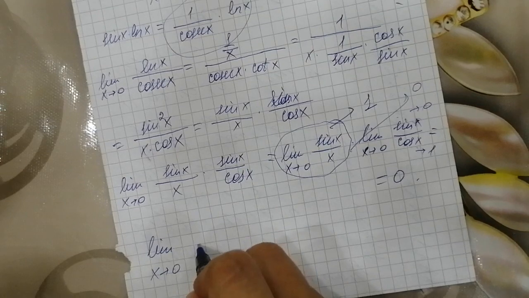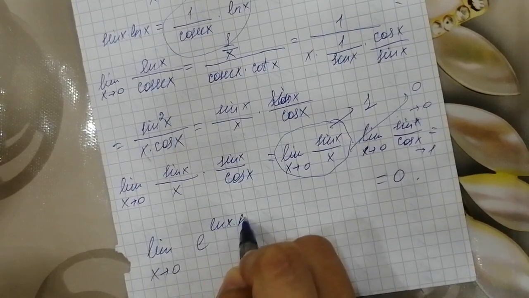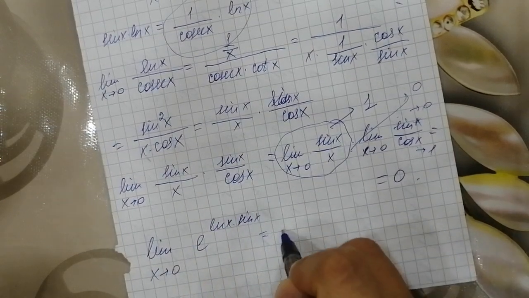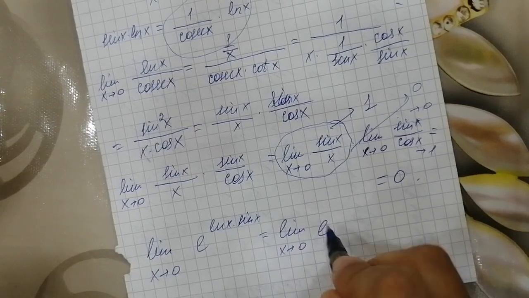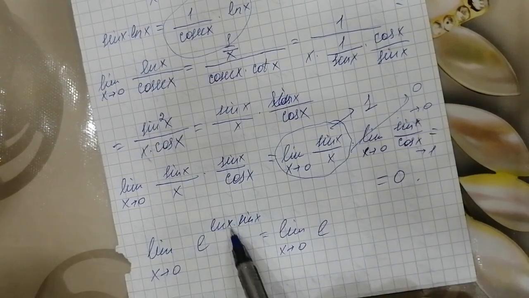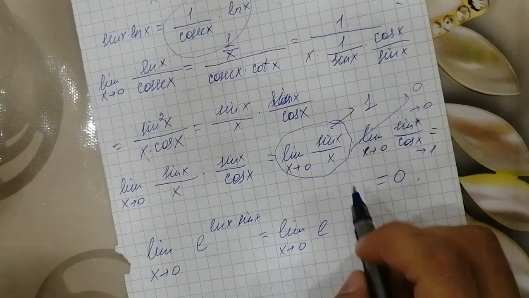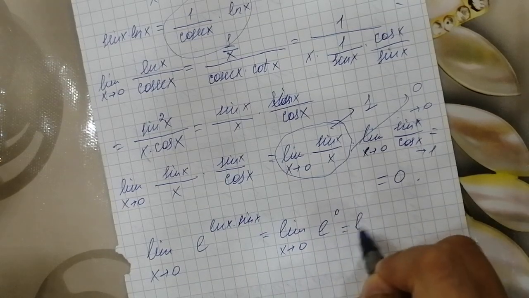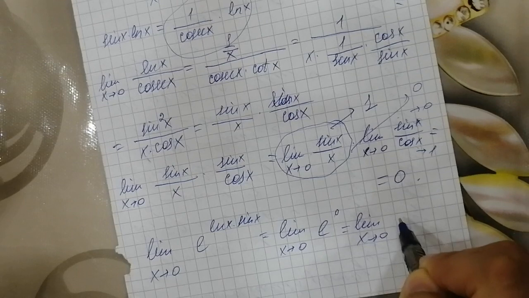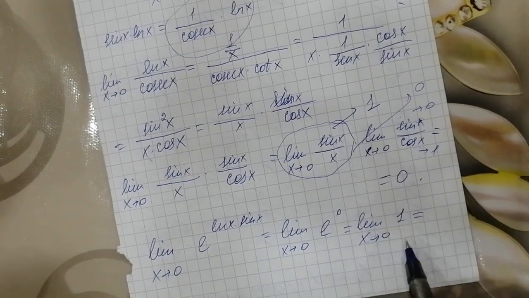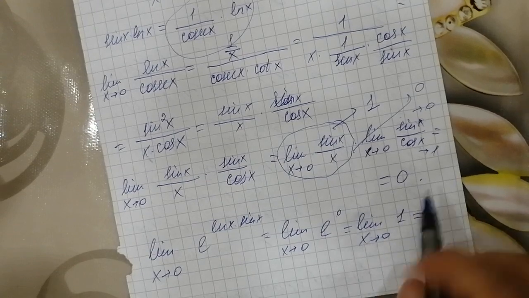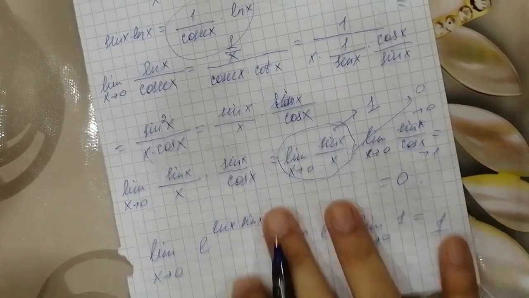The limit when x tends to 0 of e to the power of ln x times sine x is equal to the limit when x tends to 0 of e to the power of, we found that the limit of this power when x tends to 0 is equal to 0, and the limit when x tends to 0 of e to the power of 0 is 1. Then the limit when x tends to 0 of 1, which is a constant, is equal to 1.